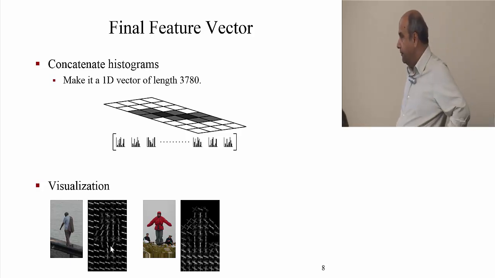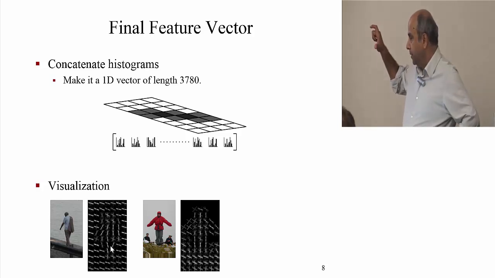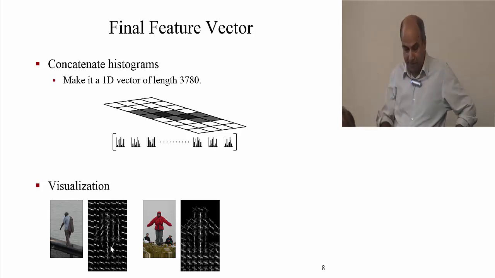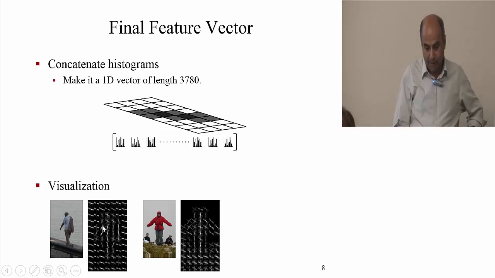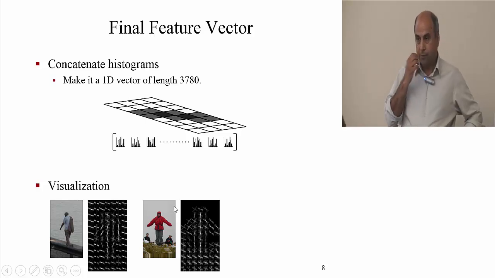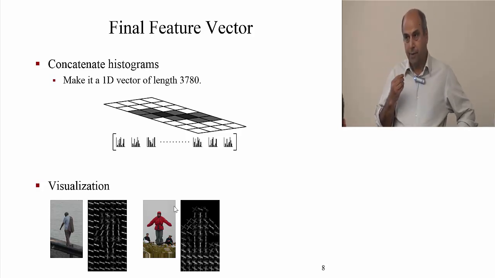And as you see, when you look at this representation, you can see a person, right? These are like the arms of the person, with these orientations. There's nothing in the background, it's constant, so it's 0 or 180. This person has arms here, so the orientations are like that, and this is the body of the person. So there's nothing here. You can visualize these, and it looks like a person, yeah.